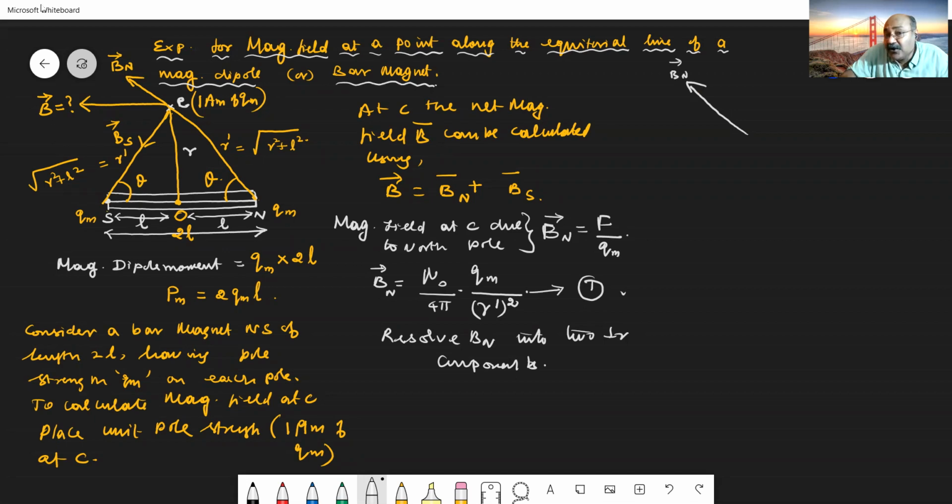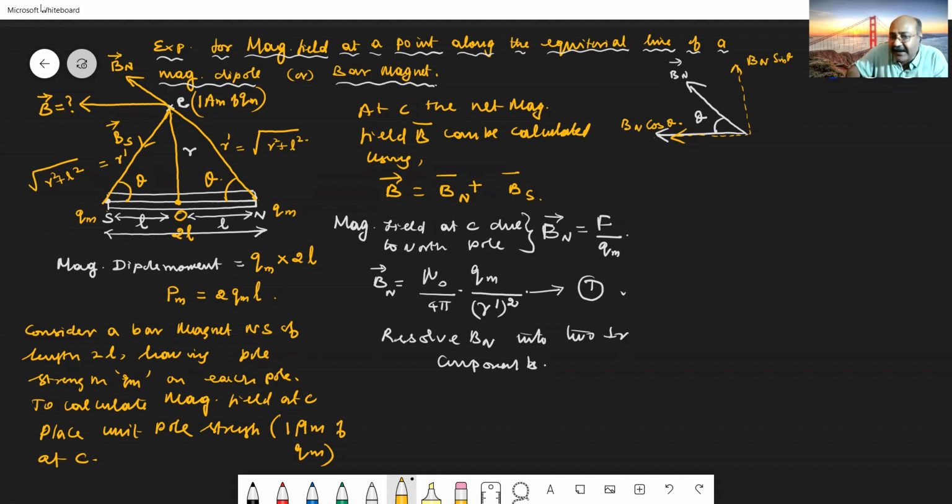If I have to resolve it into two components, I have to take the axis as the reference. Here you are getting the angle theta. One will be the horizontal component and another is along the vertical component. The horizontal component is the adjacent side, so horizontal component is Bn cos theta. The vertical component is opposite to theta, so I can write it as Bn sin theta.